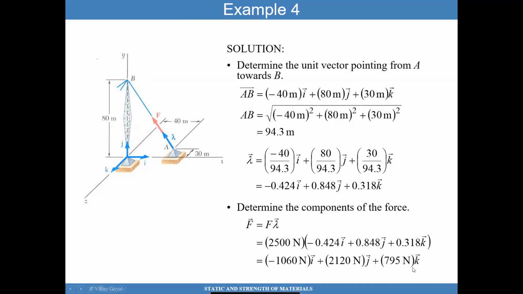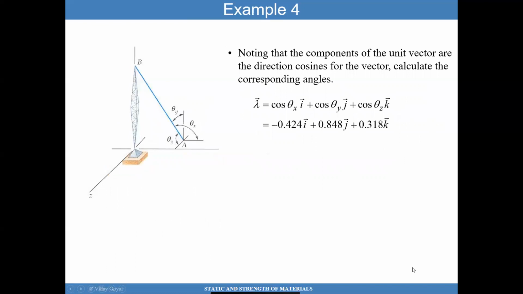And this is the result of that. I can also determine the direction coordinates of that vector. I know these values from the previous problem, so I can find theta x, theta y, and theta z, which is provided by these angles that you see here.